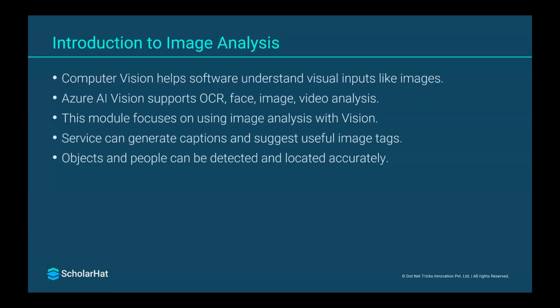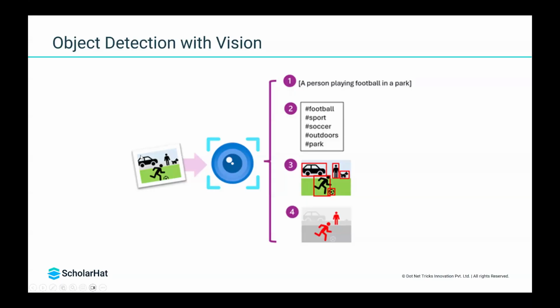Image analysis is a computer vision service which helps us analyze visual input, where we have an image, and it supports OCR and face detection. Let's say this is the image input we are giving, and now we get: a person is playing football in the park.